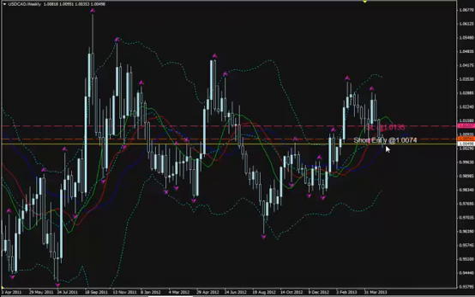Okay? So if we have 1, 2, 3 more candlesticks, it means that for the next 2, 3 weeks, till the price touches the lower Bollinger Band on the weekly time frame, we could be profiting from our short position.